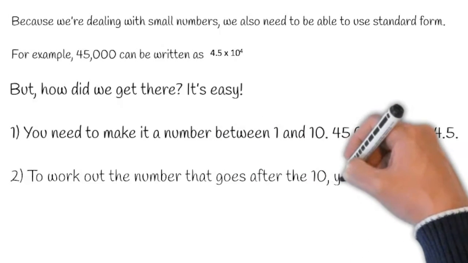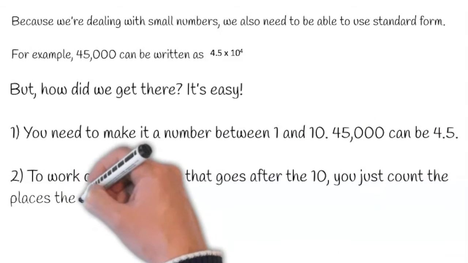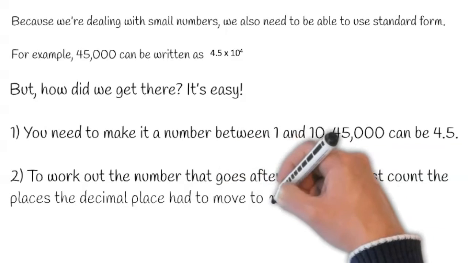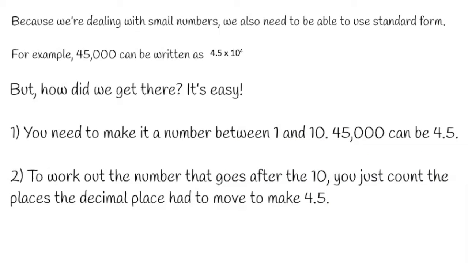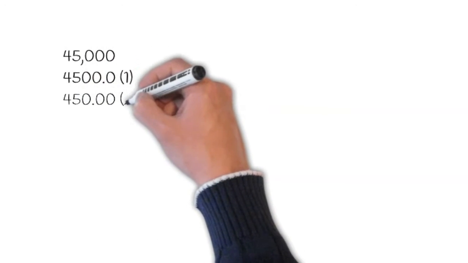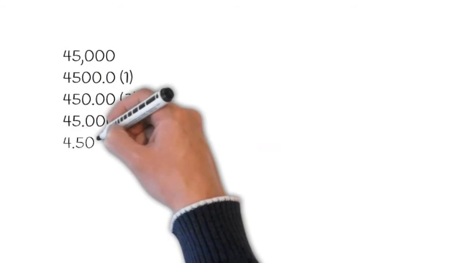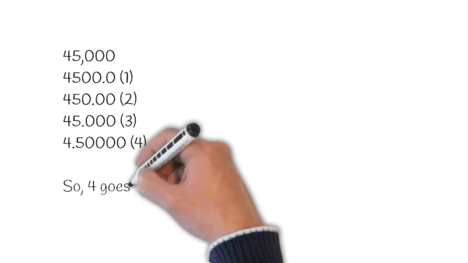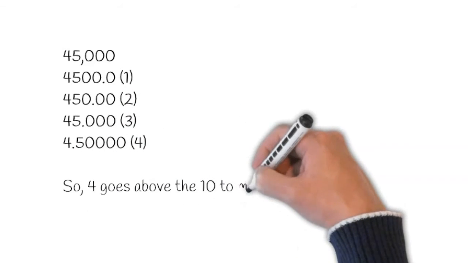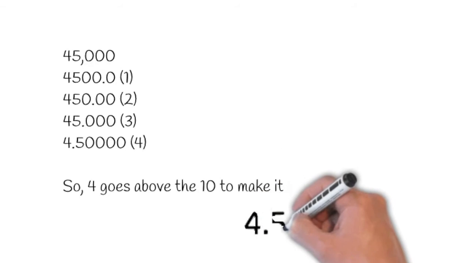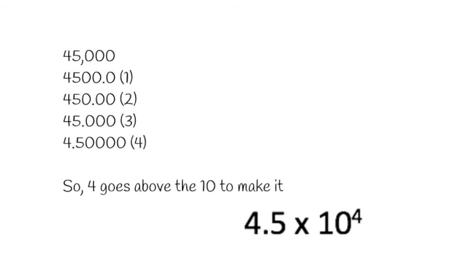Then, to work out the number that goes after the 10, you just count the places the decimal place had to move to make 4.5. We'll do that now. It had to move 4 times. Therefore, we put 4 after the 10 to make 4.5 times 10 to the power of 4.